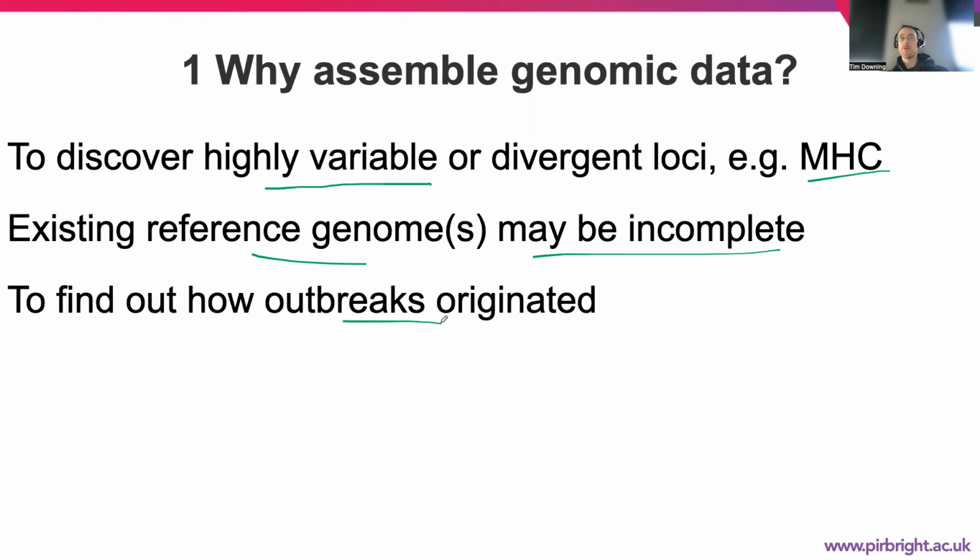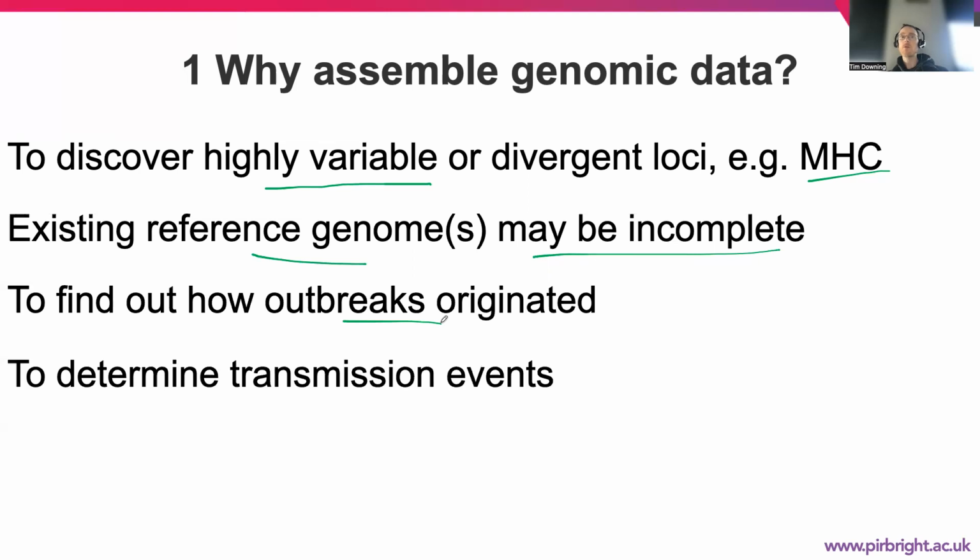We also have existing questions that we all are aware of that we want to investigate, key things that are relevant to our research, like how certain outbreaks arose, or indeed the profile of particular hosts that are of interest. If we're looking at viral sequence data, we might want to determine transition events or the movement of particular lineages between different hosts. And indeed, for hosts, in the same way, we want to understand what particular immune gene variants that host has.